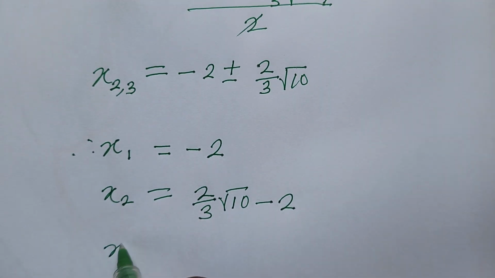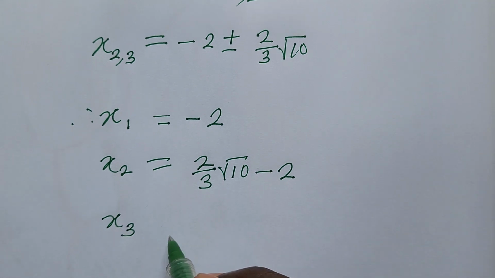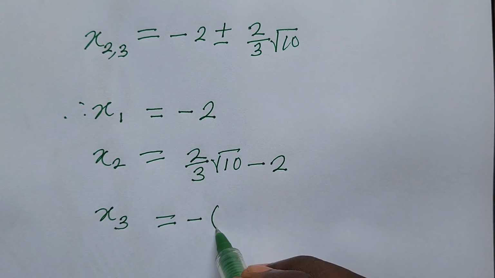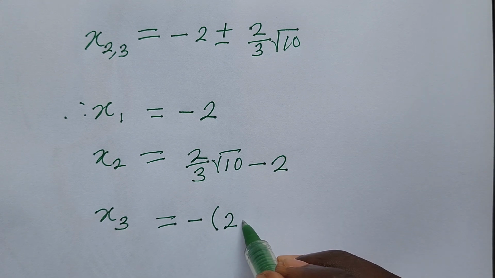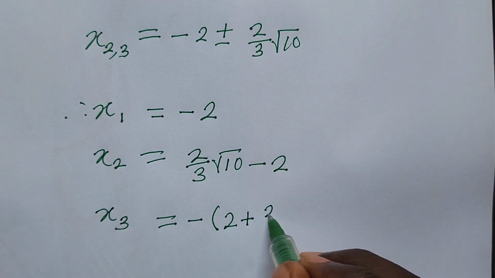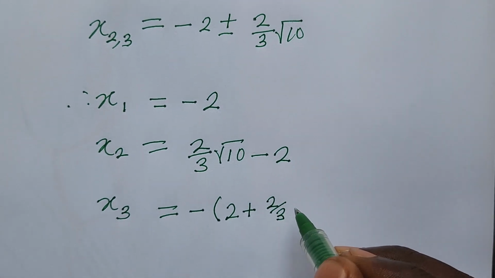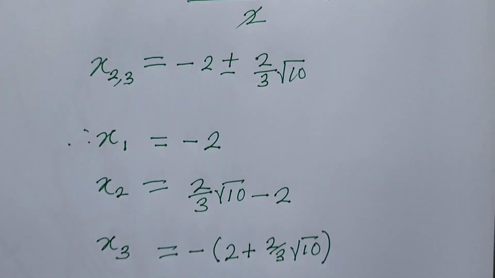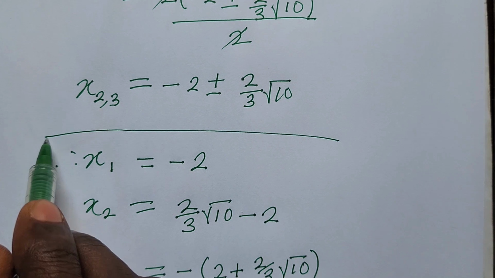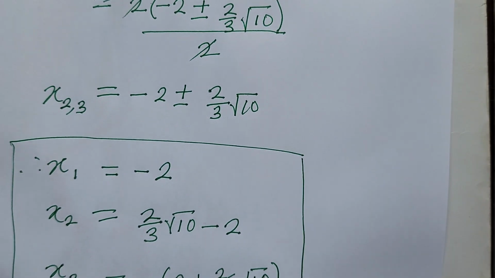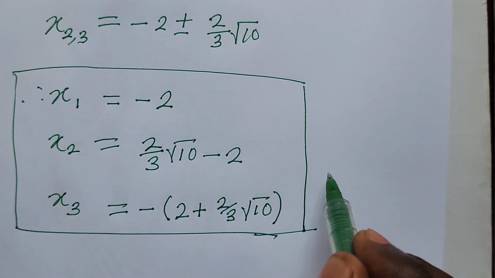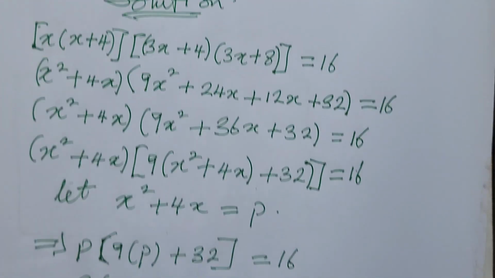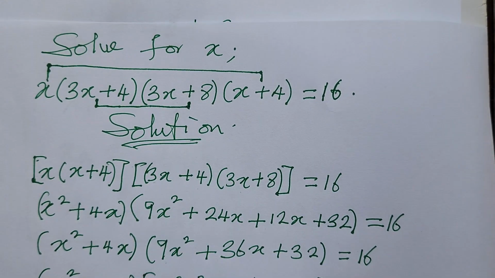Then our x3 will be equal to minus bracket 2 plus 2 all over 3 times the square root of 10, close bracket. So these are the values of x that will satisfy our original equation.